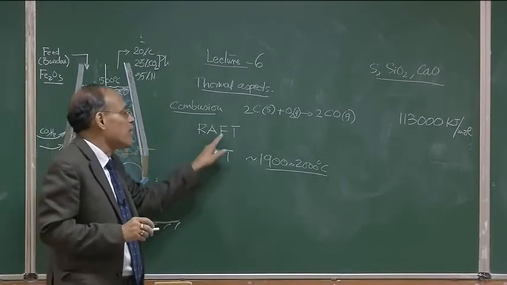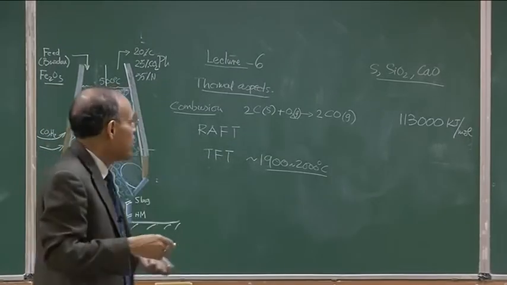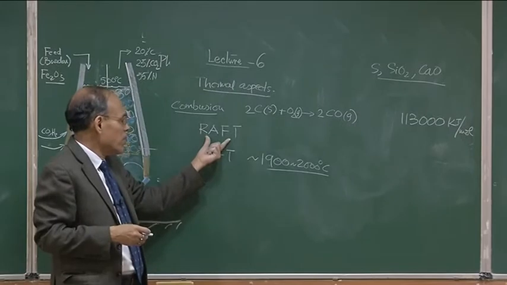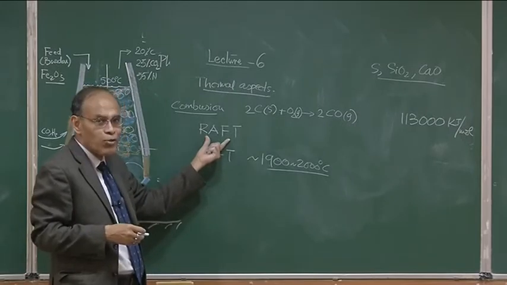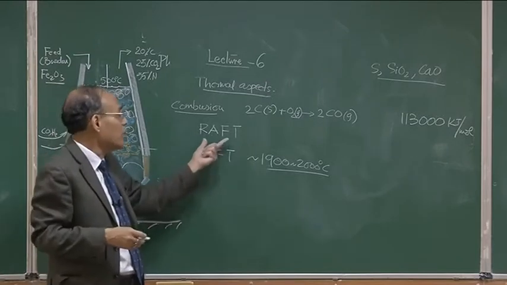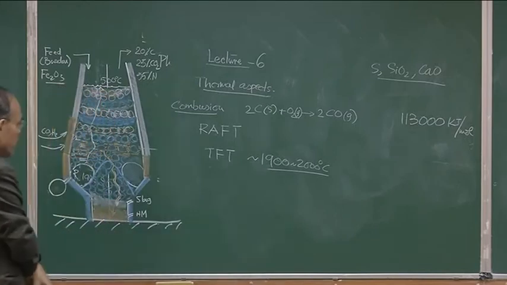RAFT, the raceway adiabatic flame temperature, is calculated for the sake of calculation. There are standard formulae available, and these are simplified calculations because it is adiabatic. The temperature calculated on the basis of the formula gives you a much higher temperature than the TFT.